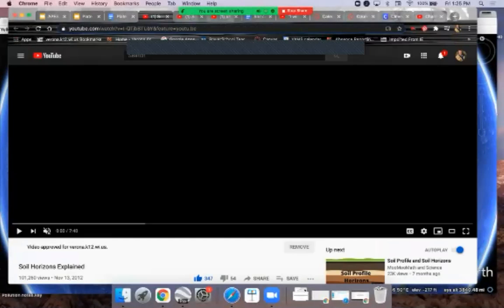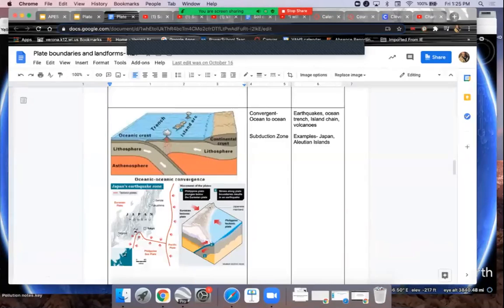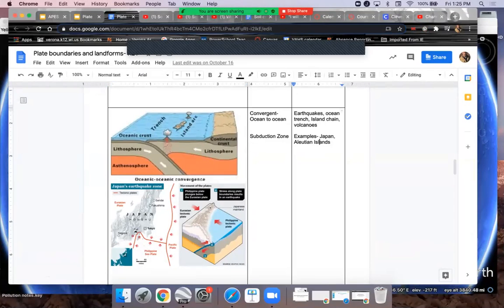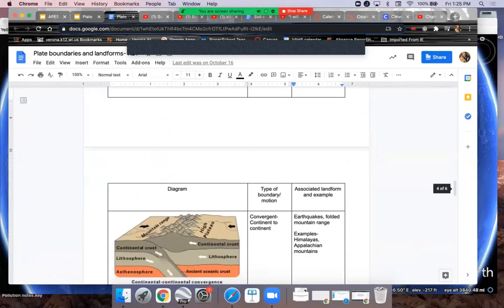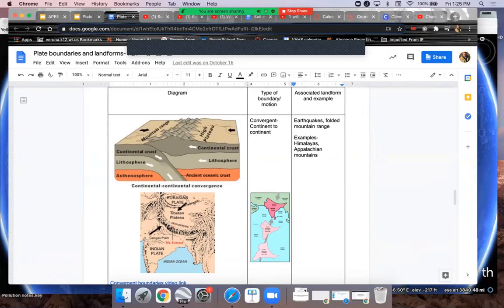And those all represent that ocean to ocean plate boundary. Okay, so then what about two continents colliding? So now you have continental crust made of granite, another piece of continental crust made of granite.